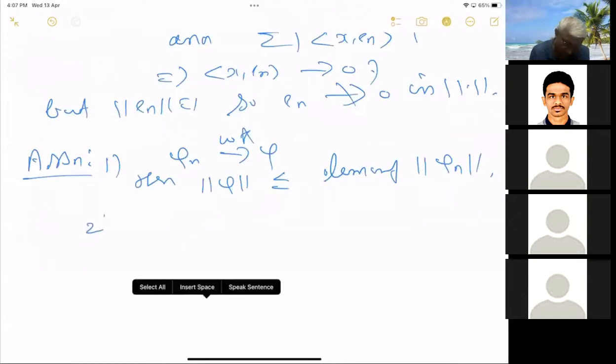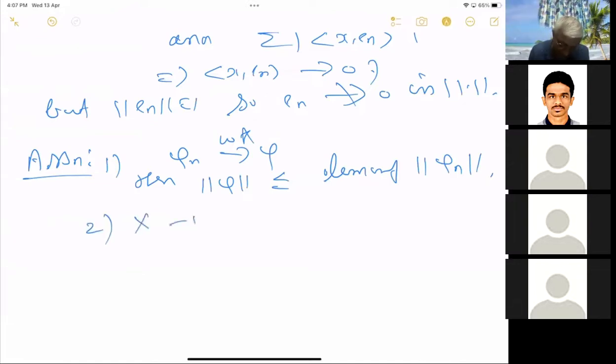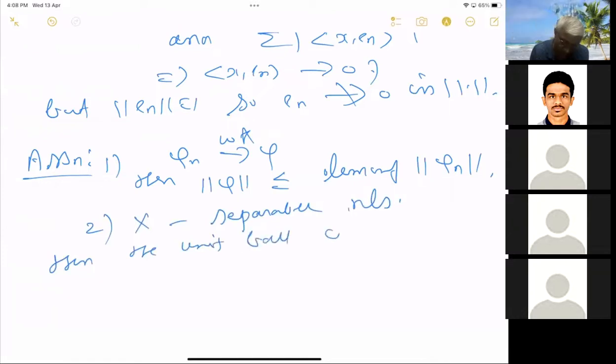Then the second: if X is a normed linear space and separable, then the unit ball of X star is weak star metrizable.